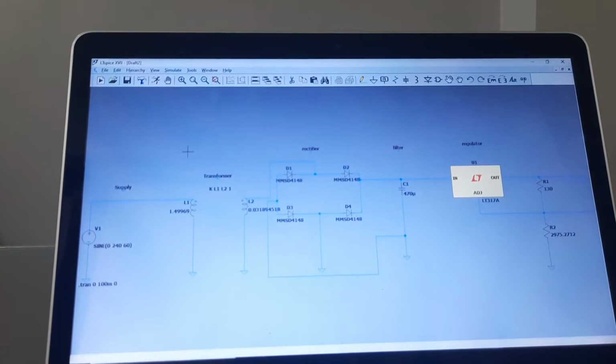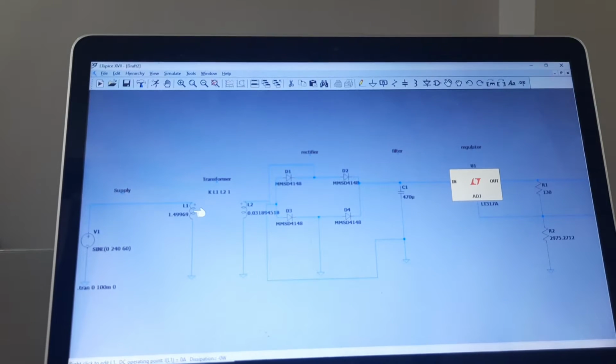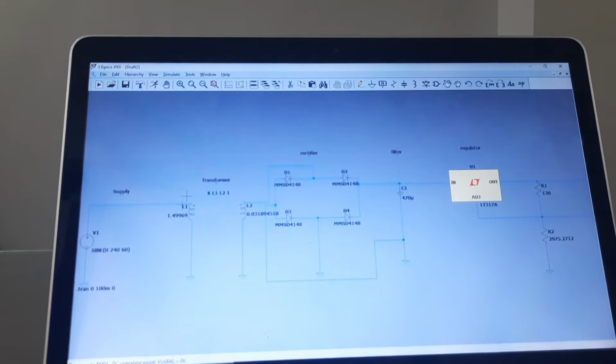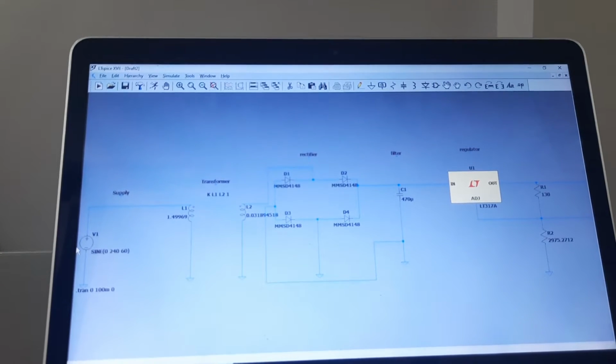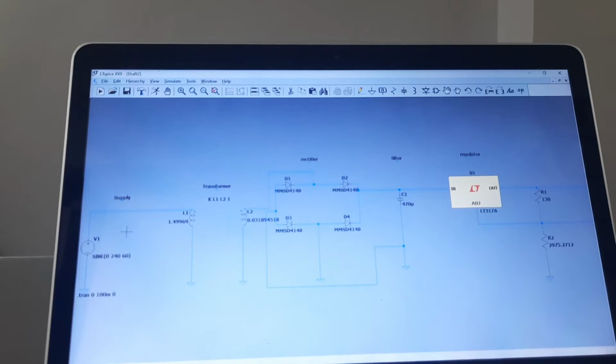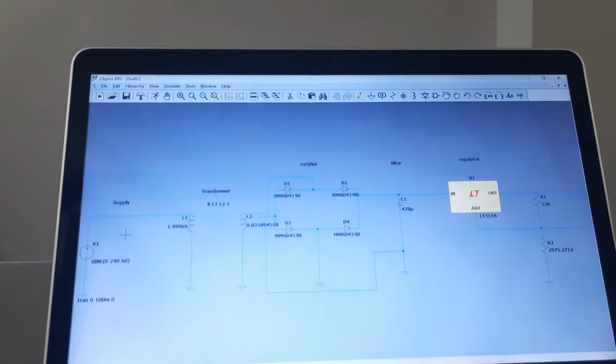For this transformer, the primary side must generate a wave similar to the AC supply, because it is still the primary side.